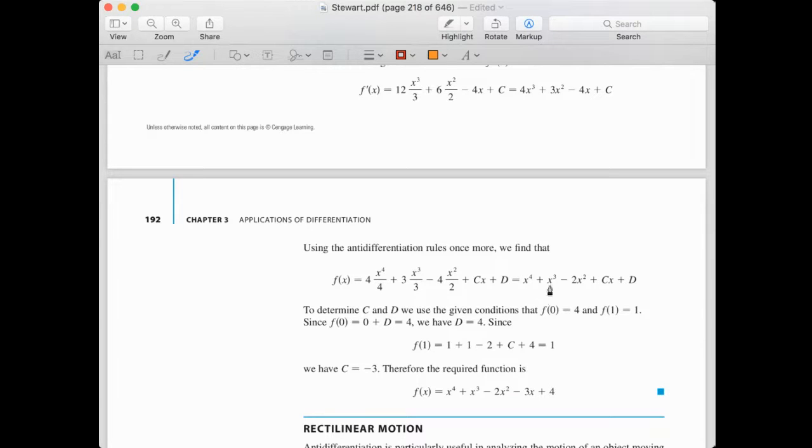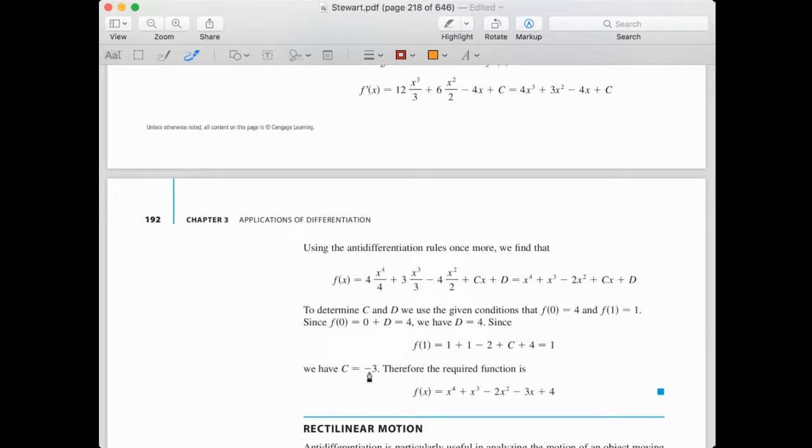So let's plug in 1. So we have 1 plus 1, 2, 2 minus 2, 0. Then we have c times 1, that is c. c plus 4 equals 1. So we get this. c plus 4 equals 1. That means c equals negative 3.